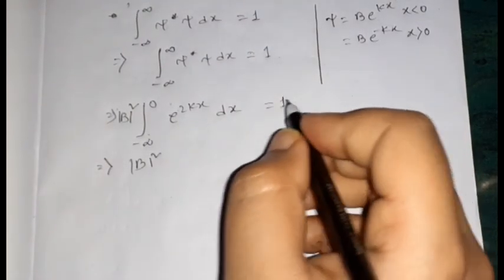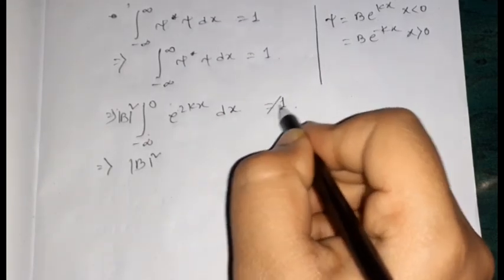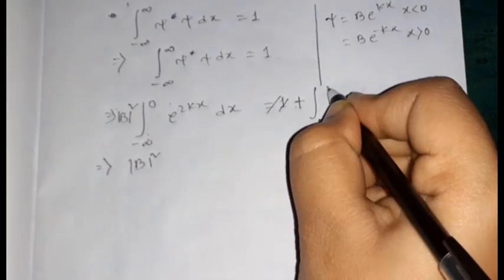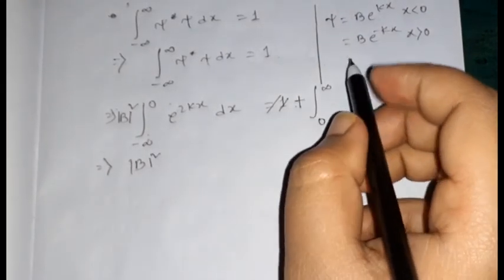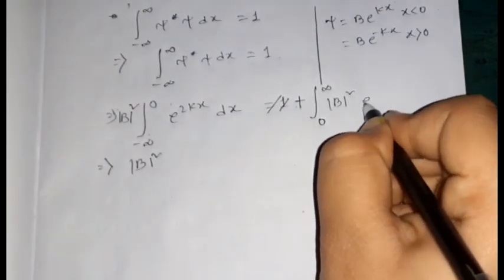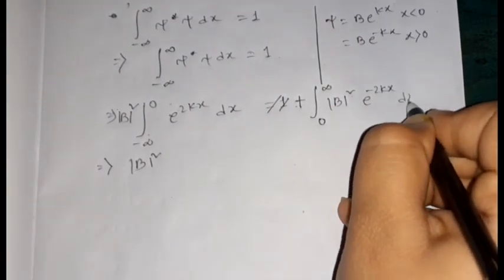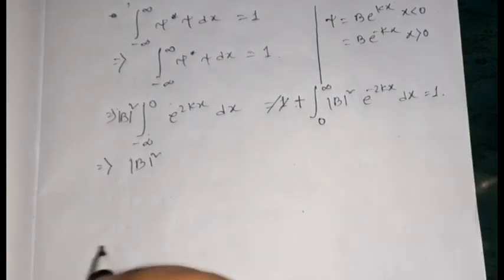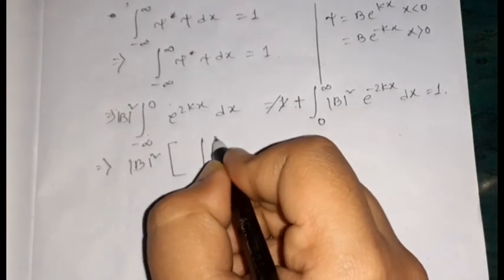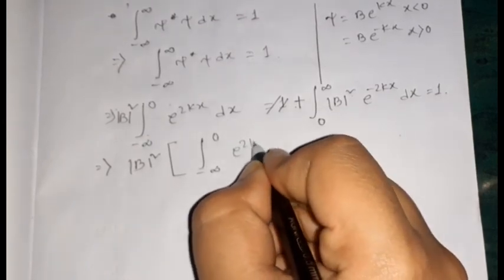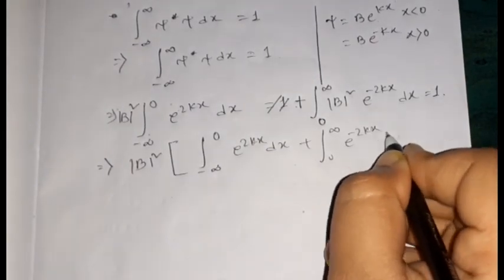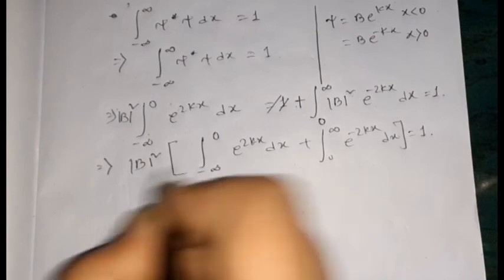Okay, so there is a mistake, sorry. For the other part, 0 to infinity, we have to use this. So we get mod of b squared e^(-2kx) dx is equal to 1. Now it's correct. So integral from minus infinity to 0 of e^(2kx) dx plus integral from 0 to infinity of e^(-2kx) dx is equal to 1.